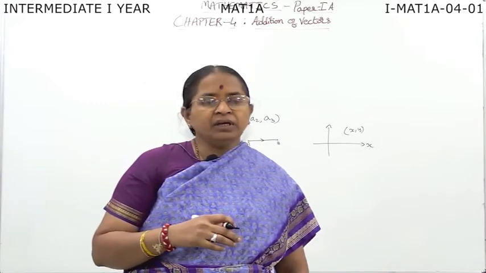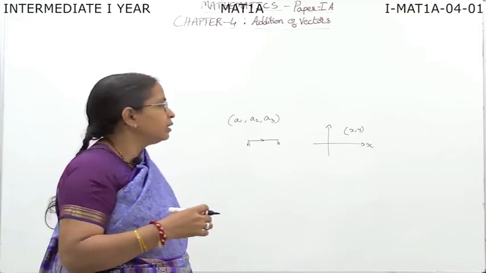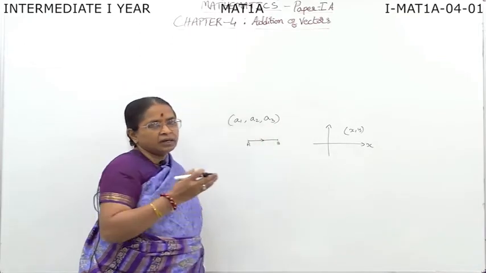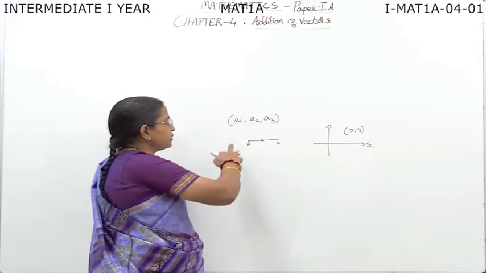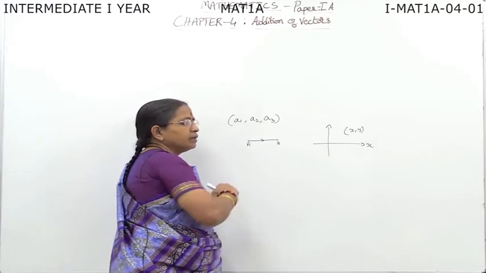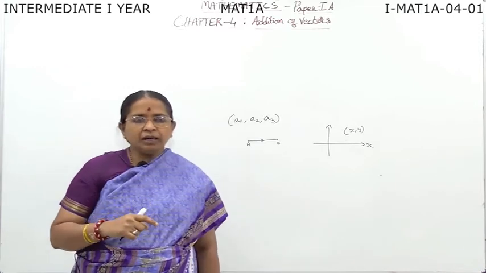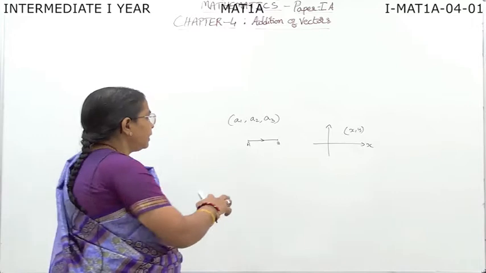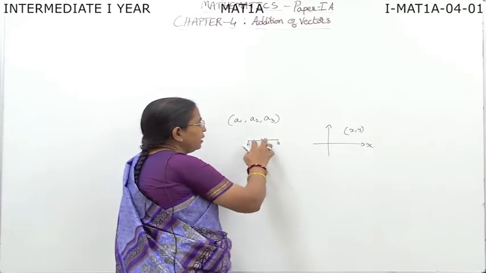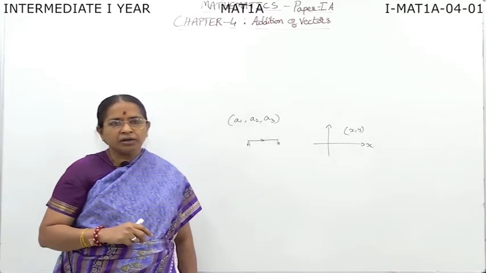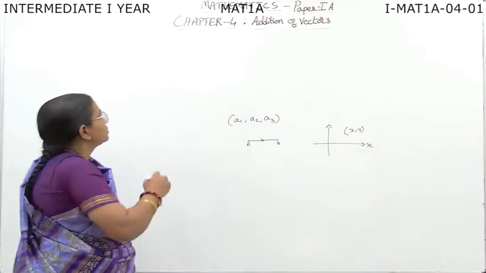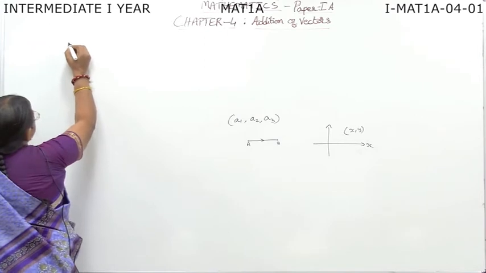In the same way here, we represent a vector by an ordered triad of real numbers. It will contain three real numbers: the first coordinate, second one and third coordinate. So geometrically, a vector is represented by a directed line segment, and mathematically it is an ordered triad of real numbers. Okay, so now we write the definition.